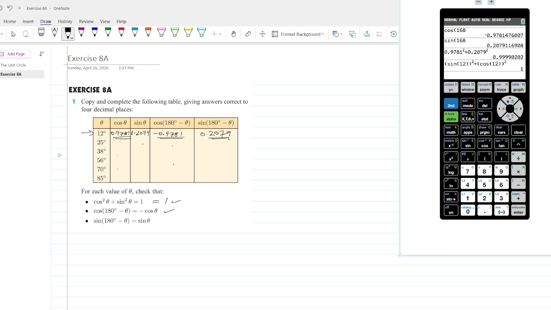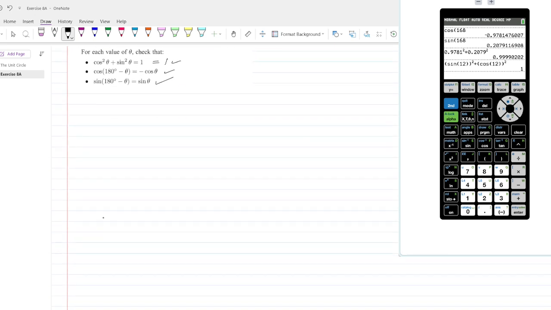So this value equals sin theta. This value exactly equals this value. And this value is negative of the other one. So we have checked these conditions are always true. Let's go to the next problem.